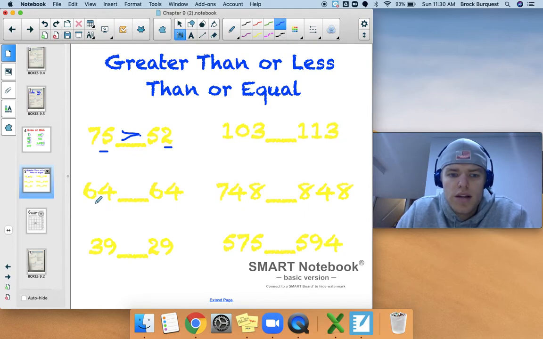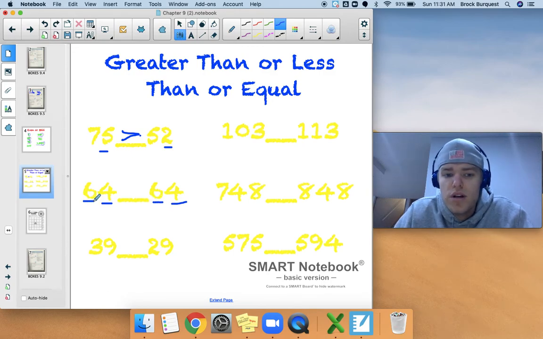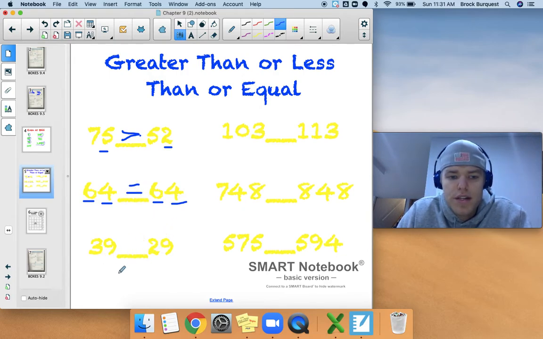Okay, let's look right here, 64 and 64. If we look right here, 4 and 4, those are the same number, and 6 and 6, those are the same number too. So this is going to be equal. Awesome. Let's go right down to here, 39 and 29.